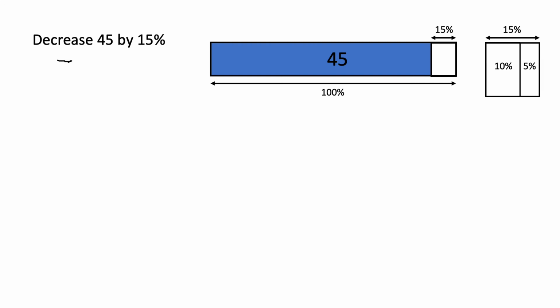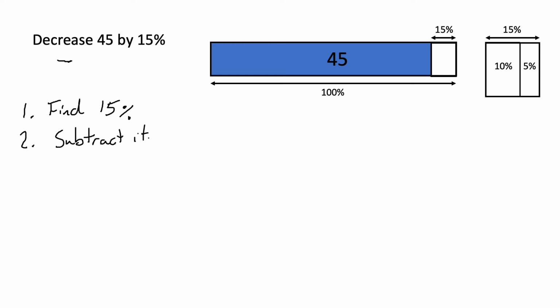So first we need to find 10% and then we need to find 5%. We find 10% and 5% and then we add them together. And then step 2 will be to subtract it from the original amount.